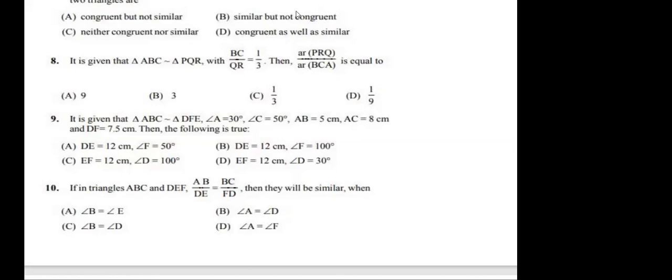Okay, let's move further. It is given that triangle ABC is similar to triangle DEF, and angle A is equal to 30, angle B is equal to 30, angle C is equal to 50. This dimension is being given to you. So what you need to do here is first make the triangles ABC and DEF.